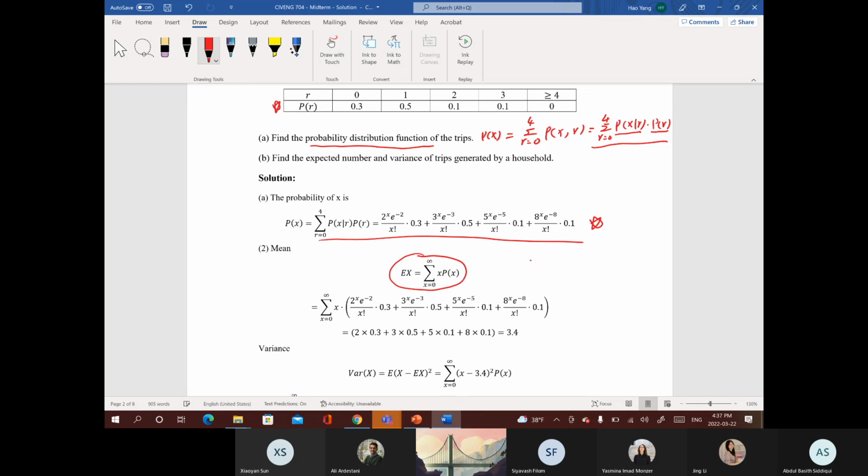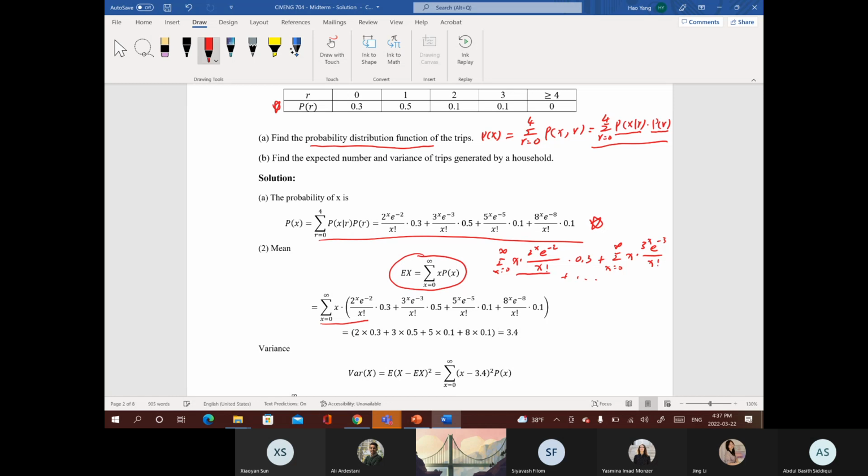For the first one, you have the summation of x from 0 to infinity of x times 2 to the x, exponential minus 2, divided by x factorial, times 0.3, plus the summation of x equal to 0 to infinity of x times 3 to the x, exponential minus 3, divided by x factorial, and so on.